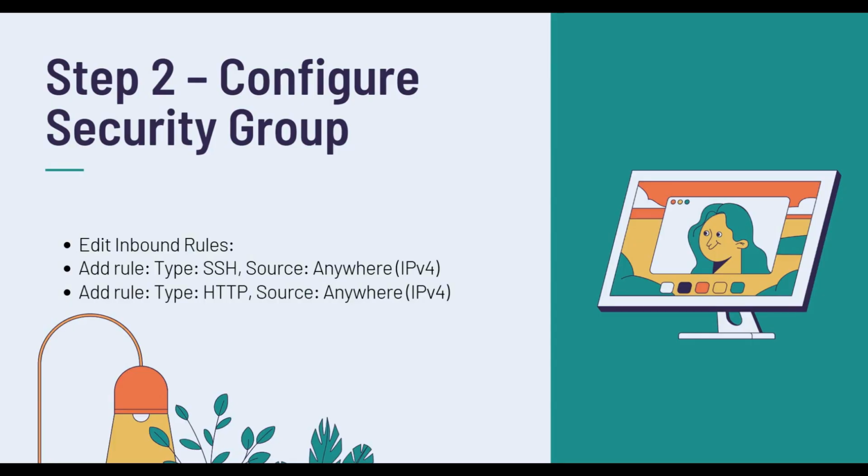Just like that, here we use SSH for the Linux server. So you have to enable SSH and HTTP. SSH is how we log in and talk to it, and HTTP is how the world will see your website. Both are just clicking add rule and selecting the right type. That's easy.